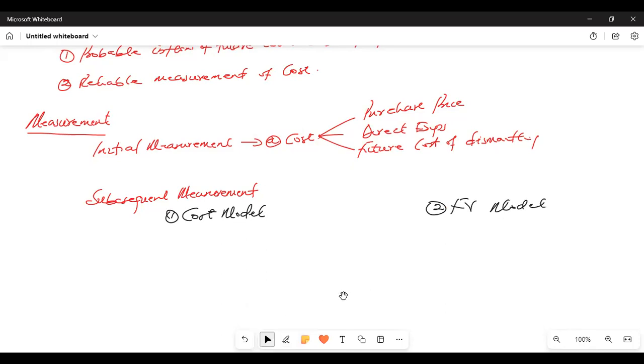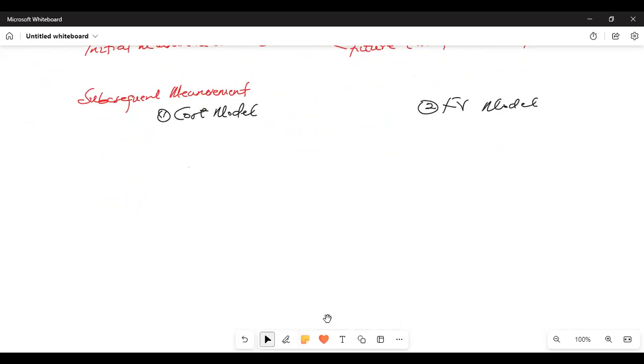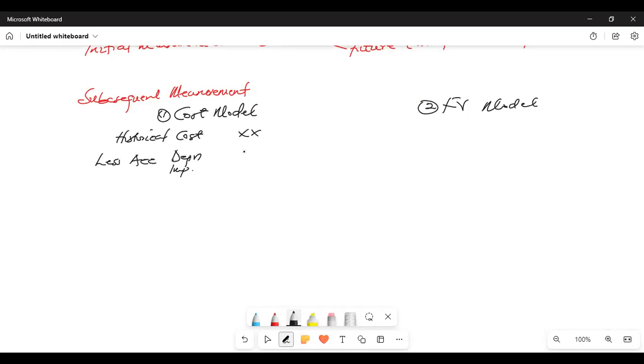All right. So as for the cost model, it's as simple as ABCD. We are using the historical cost. So all you need is the historical cost. Then you less accumulated depreciation or accumulated impairment.